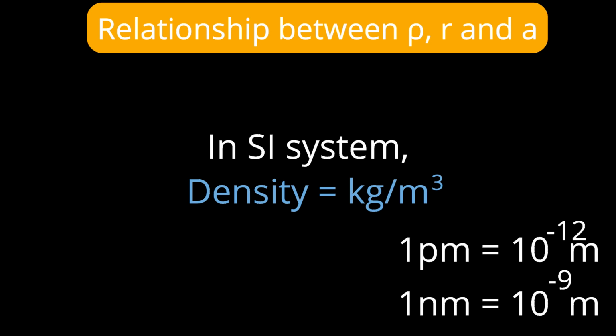And suppose the values of our cell constants are given in picometer, then how will you convert them into meter? 1 picometer is equal to 10 raised to minus 12 meter. And if in nanometer, then 1 nanometer is equal to 10 raised to minus 9 meter. So with these conversions and substituting the values in the proper formula, you can solve numericals based on this.